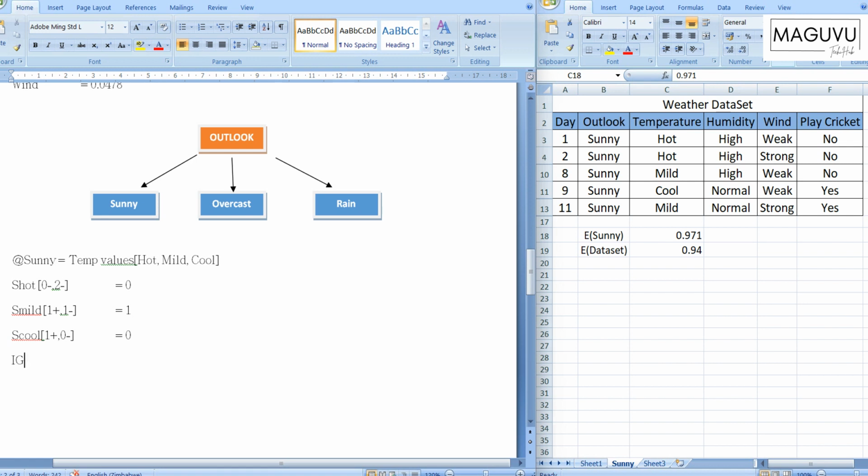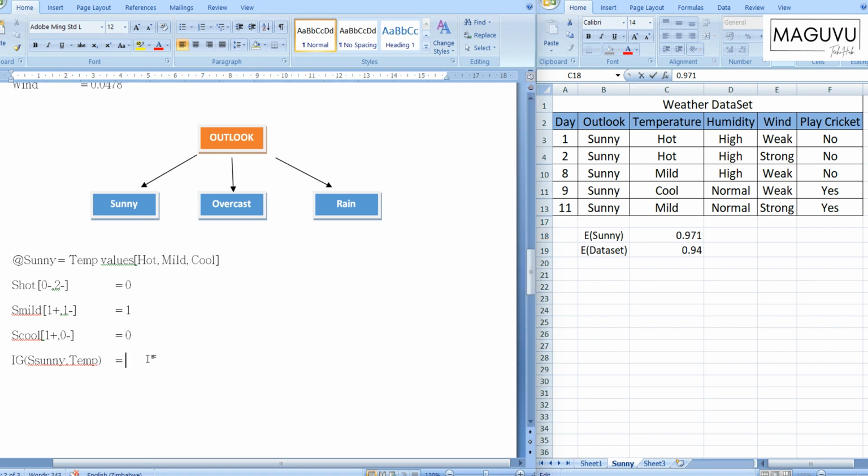At this time, we are now at dataset sun, and we are looking at temperature. So I did that so that we can understand what the effect of being at sun is. So when we are at sun, we want to get the entropy of sun, which is this value that we have represented there.